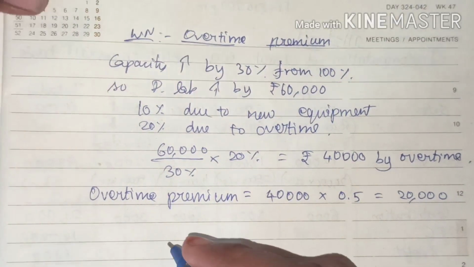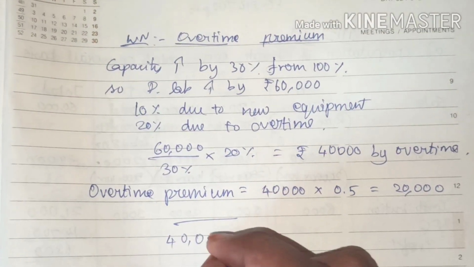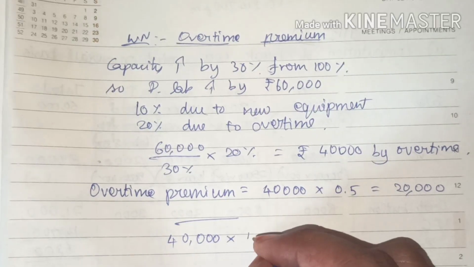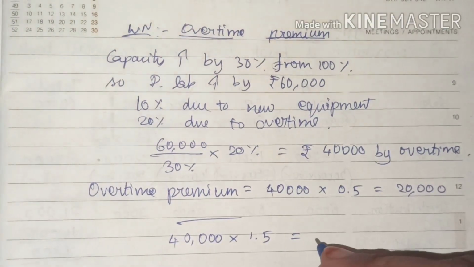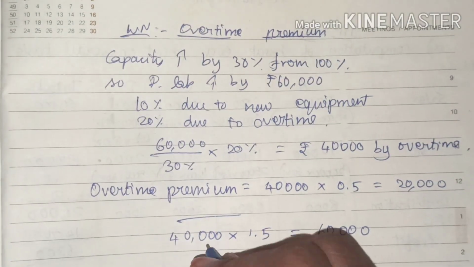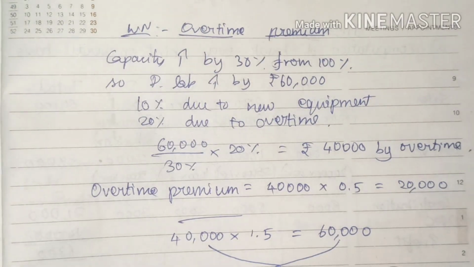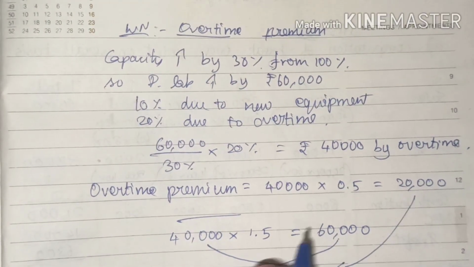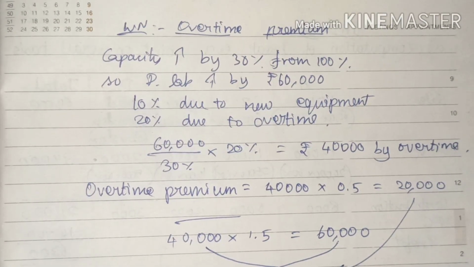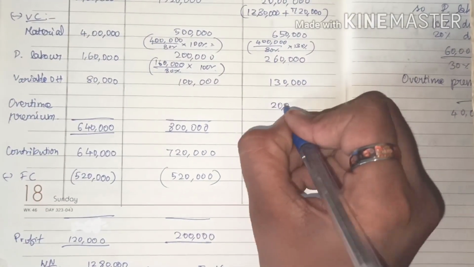See, if the rate is 40,000 and they given like 1/2 times, it will come to 60,000. And what is the difference between 40,000 and 60,000? It will come 20,000. So the overtime premium is 20,000.